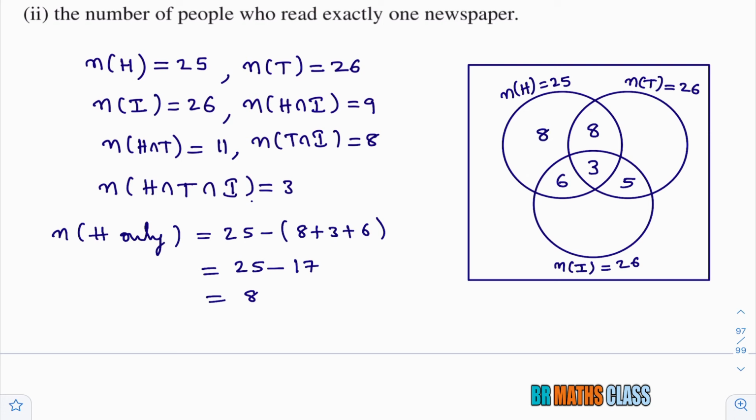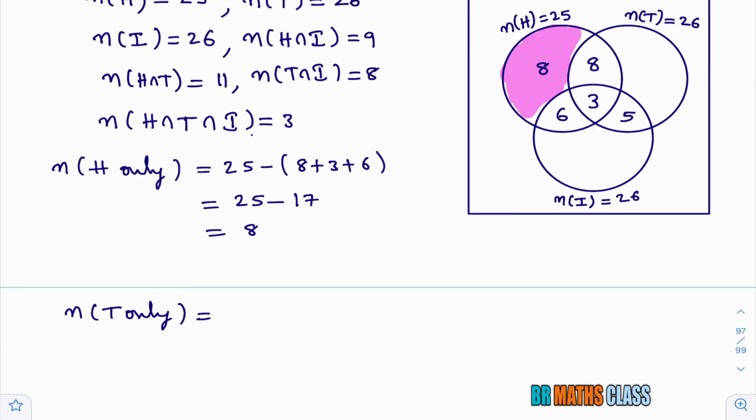Okay. Now this is important. Actually we are looking for this part. This part I got as 8. Very good. Now I want to calculate this part. The number of people who read T only. Actually here n of T they have given as 26. From 26 if I subtract these numbers, then I'll get this part.